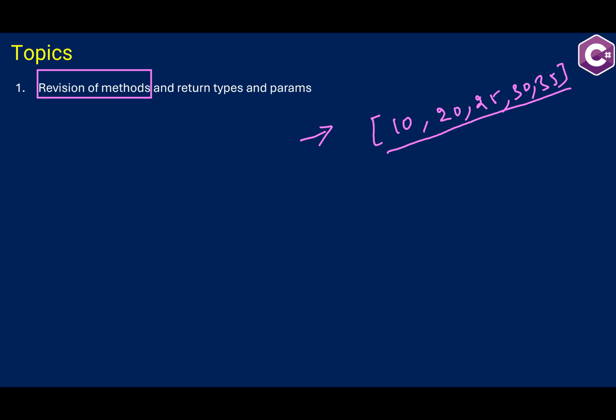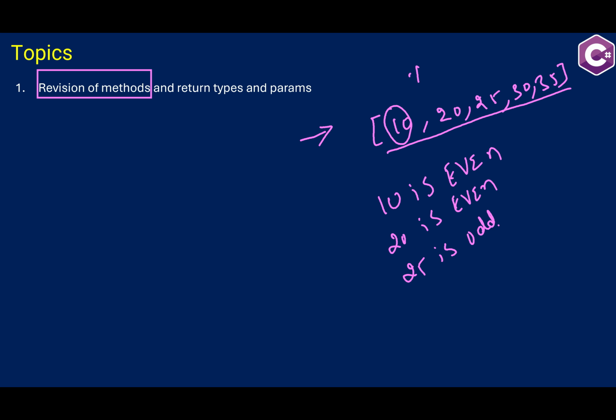So I want to get the output like 10 is even, 20 is even, and 25 is odd. I mean, a number which can be divided by 2, I will print as even. So let's start the program.